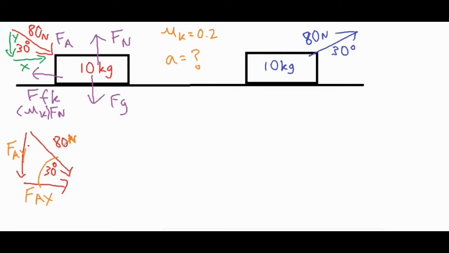If we go ahead and set that up, then we have the sine of 30 degrees equals the opposite over the hypotenuse. Basically multiply both sides by 80, and then 80 times sine of 30 is going to be 40 newtons.